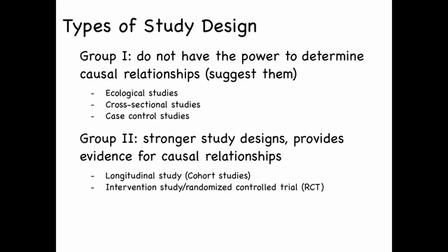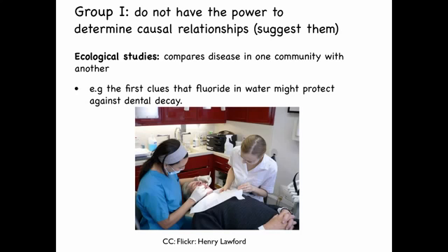And the second group have a much stronger study design and can provide some evidence for causal relationship. So these would include longitudinal studies, which are often called cohort studies, and intervention studies, or also known as randomized controlled trials.